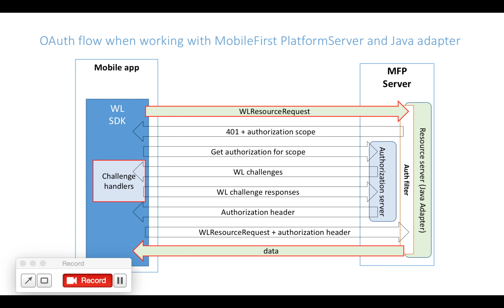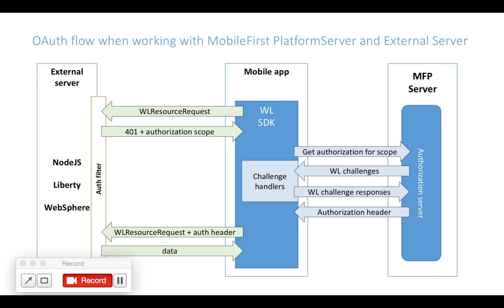In this case, the authorization filter and Java adapter, the resource server, are actually part of the MobileFirst platform server. But we also want to cover a more complex scenario like this, where we are working with an external server. So it's not internal anymore.